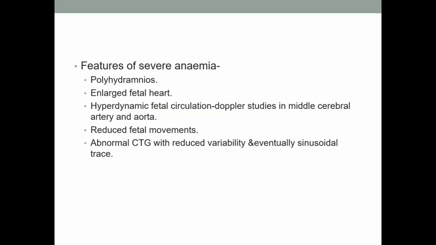When we know, we follow them up with serial ultrasound scans. So what are the features we check? We check for features like polyhydramnios, fetal Dopplers and fetal middle cerebral artery Dopplers, right? And reduced fetal movements and CTG abnormalities like reduced variability and a sinusoidal type pattern of CTG variability.